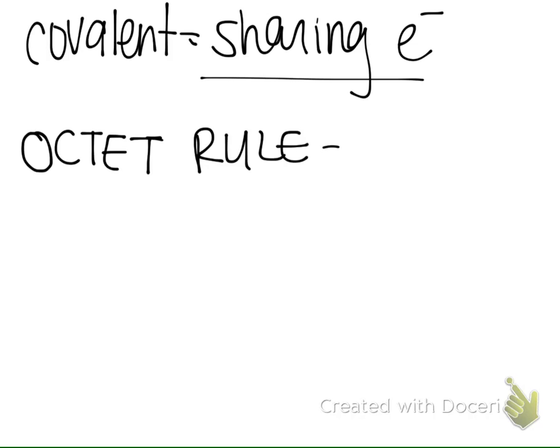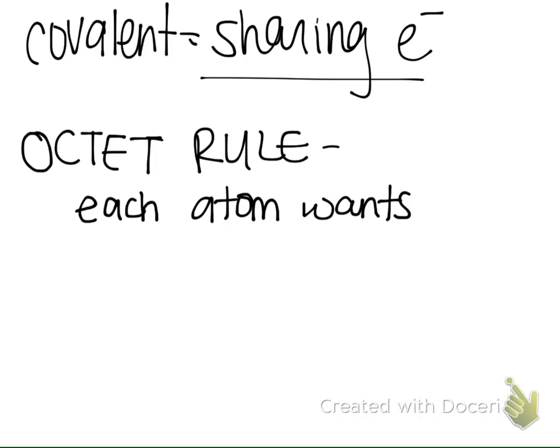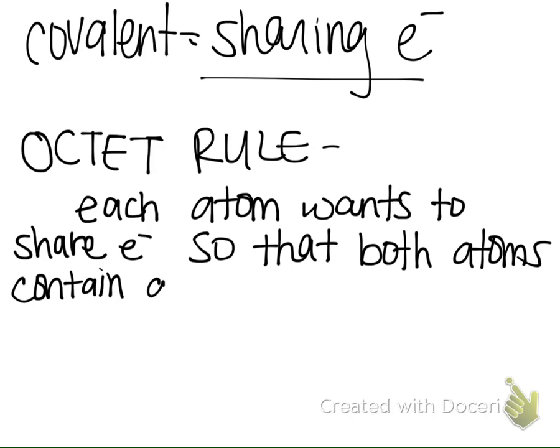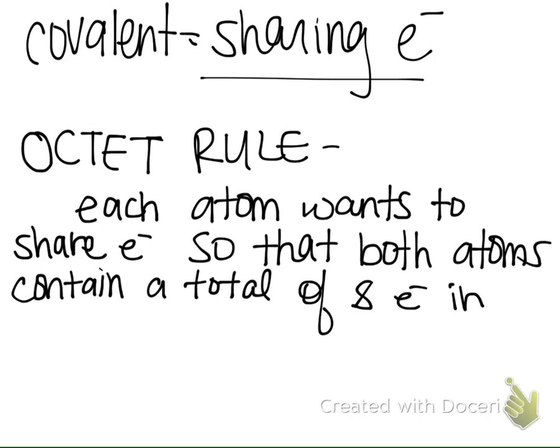Here's the octet rule: each atom wants to share electrons so that both atoms contain a total of 8 valence electrons, or 8 electrons in their outer shell.